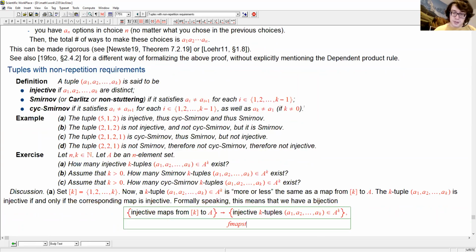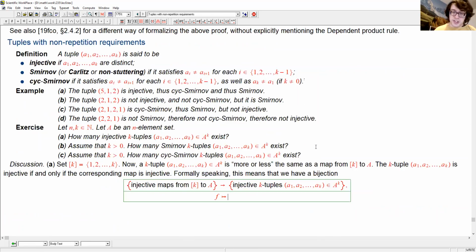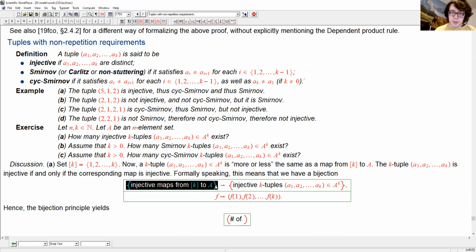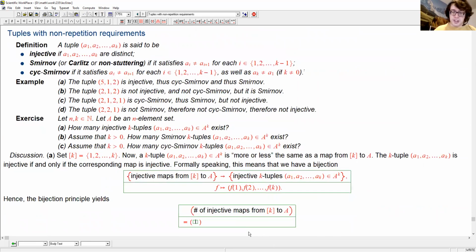And this bijection sends a map to its list of values. So the bijection principle yields that the number of injective maps equals the number of injective tuples.